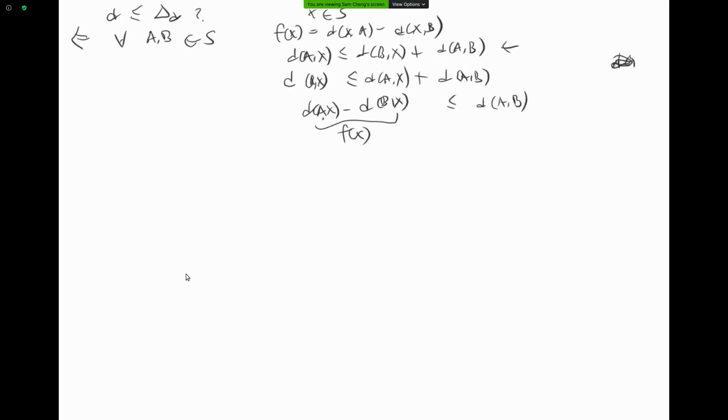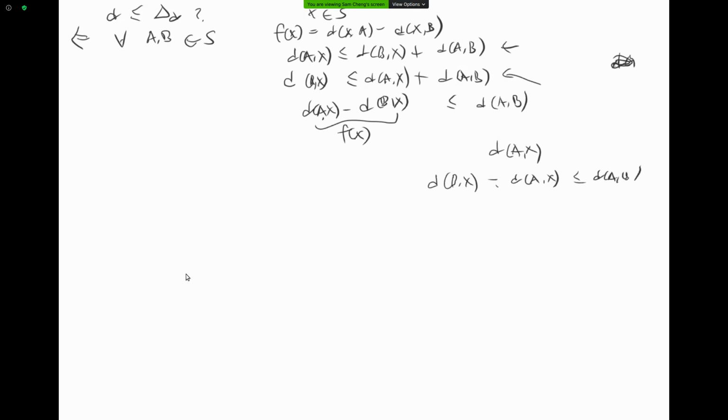So fx is less than or equal to dab. And from the second inequality I have dbx minus dax is less than or equal to dab.